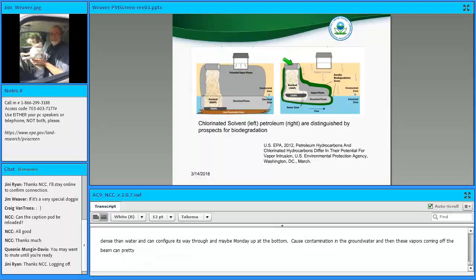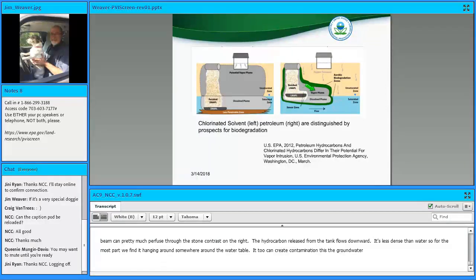Contrast that on the right, the petroleum hydrocarbon that's released from a tank flows downward. It gets to the water table. It's less dense than water, so for the most part we find it hanging around somewhere near the water table. It too can create contamination in the groundwater and vapors in the vadose zone.